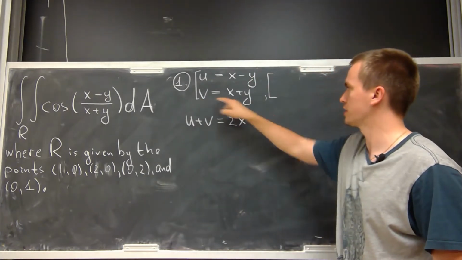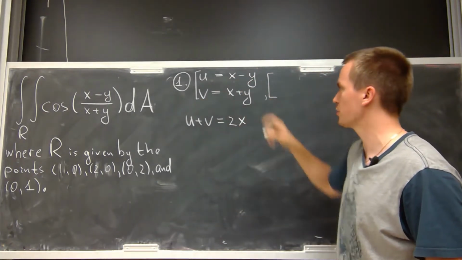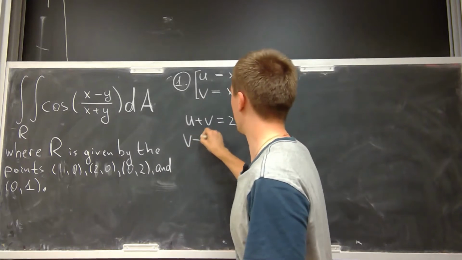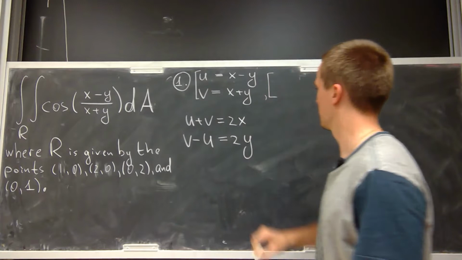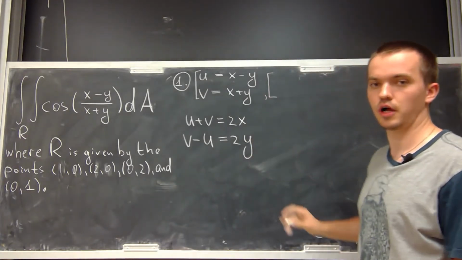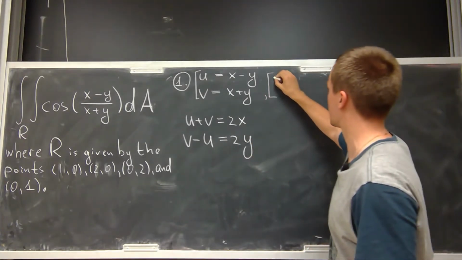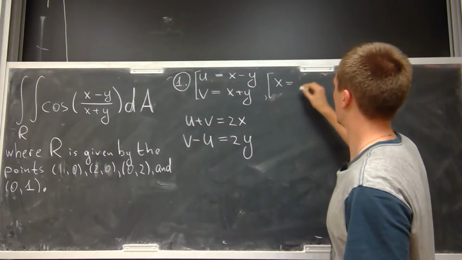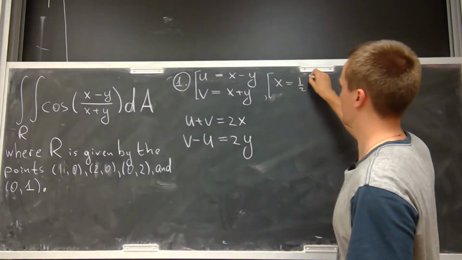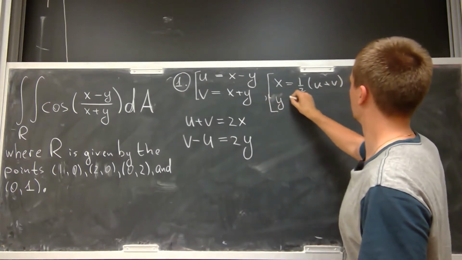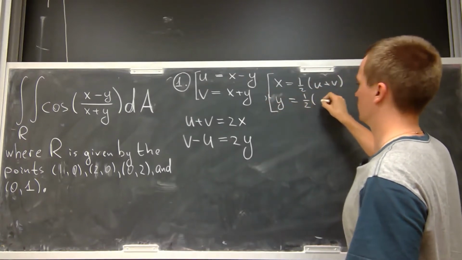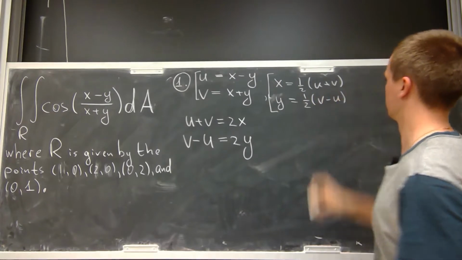And if I take this equation and subtract my first equation, I will have v minus u is equal to 2y. So from these two simple algebraic manipulations, we can see that x is equal to 1/2 (u plus v), and y is equal to 1/2 (v minus u).